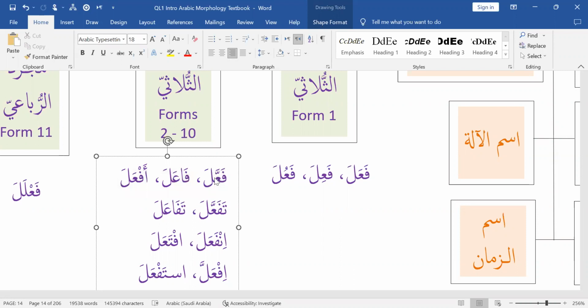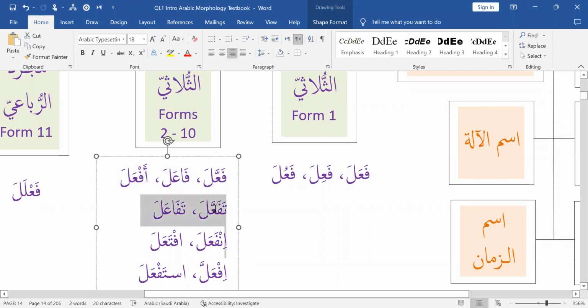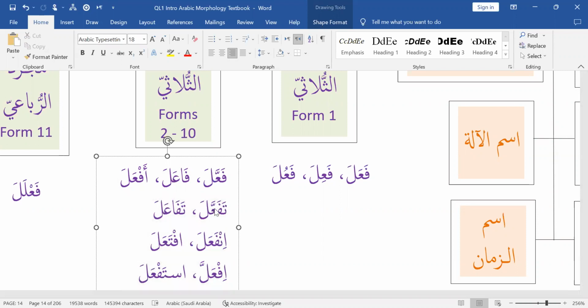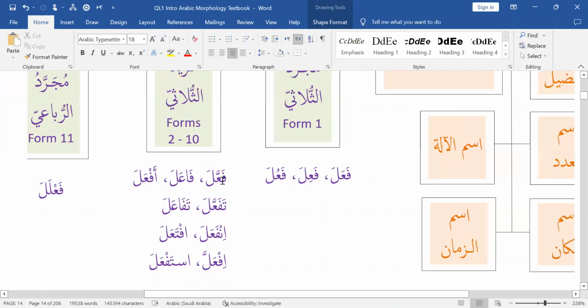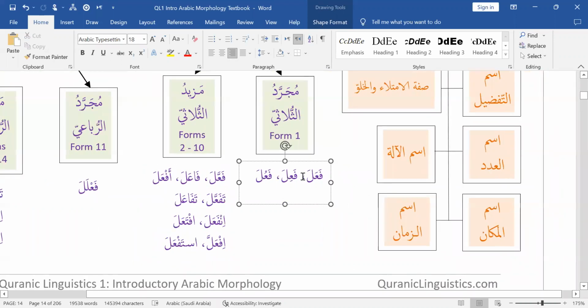And so in this textbook, we will not do forms 5, 6, 7, 8, 9, and 10. These forms are covered in the QL3, Level 3 Advanced Arabic Morphology book. This book will primarily be about Form 1 morphology with some application to Forms 2, 3, and 4, because this is an introductory Arabic morphology course.